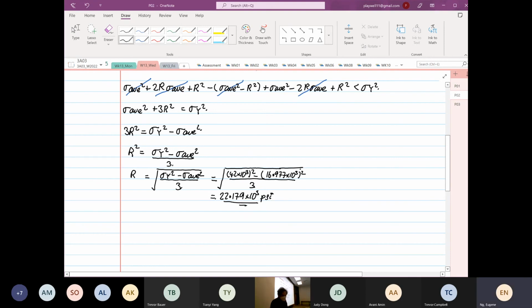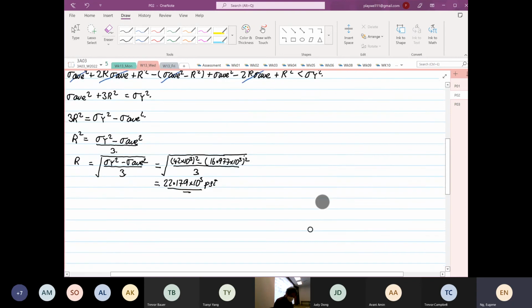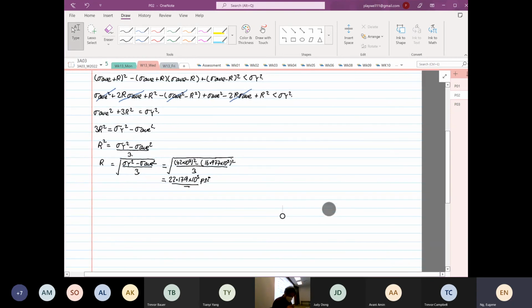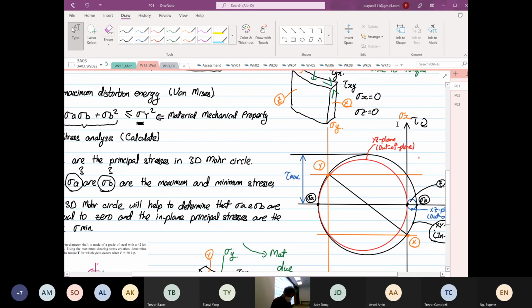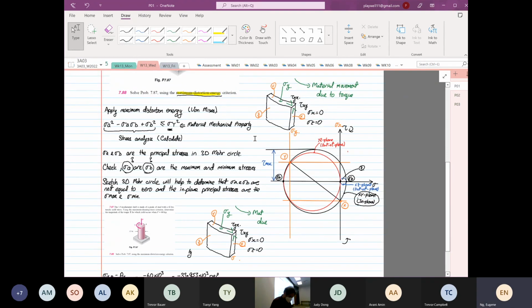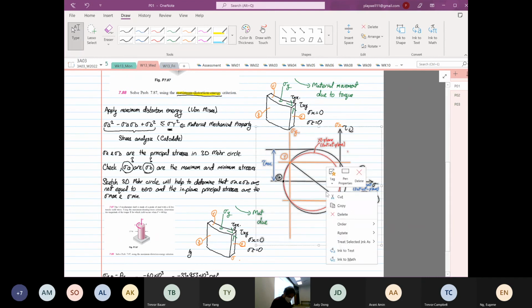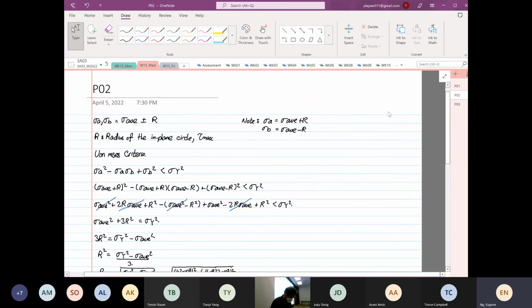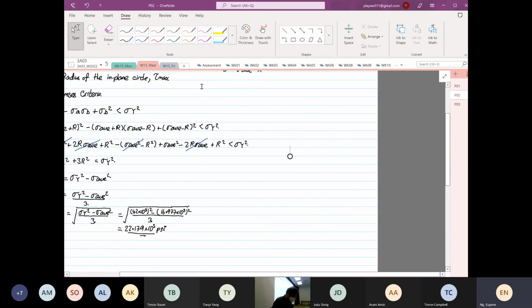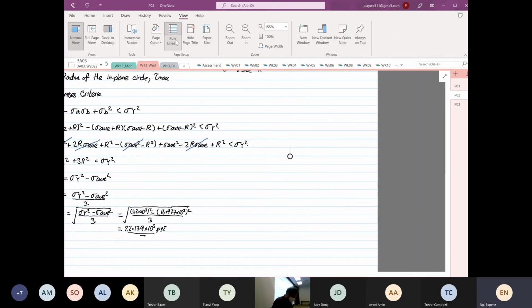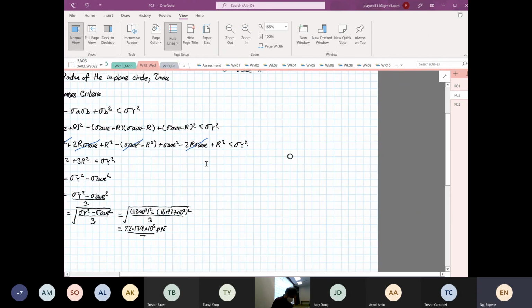So what are we trying to determine down here? Okay, so let me bring over the Mohr circle that we have constructed. Because if we don't draw the Mohr circle, it gets difficult to visualize. So hopefully this will help you visualize better.